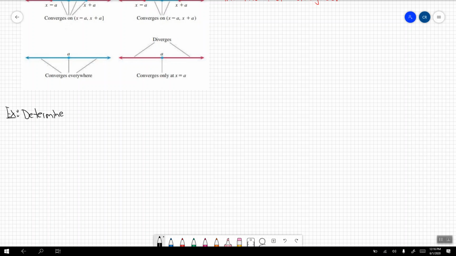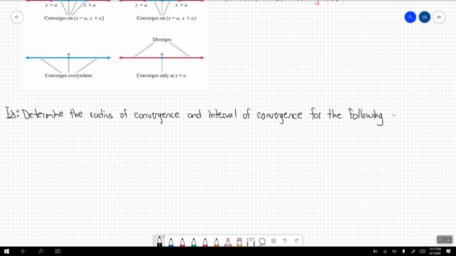We want to determine the radius of convergence and interval of convergence for the following power series.